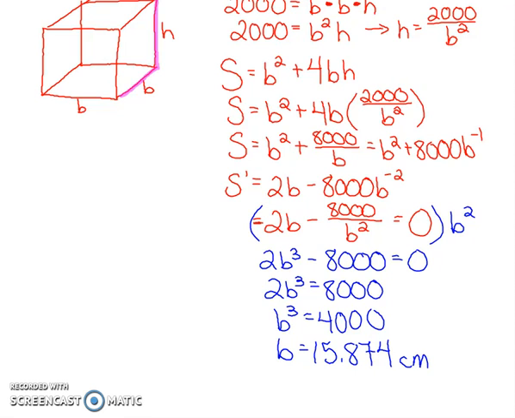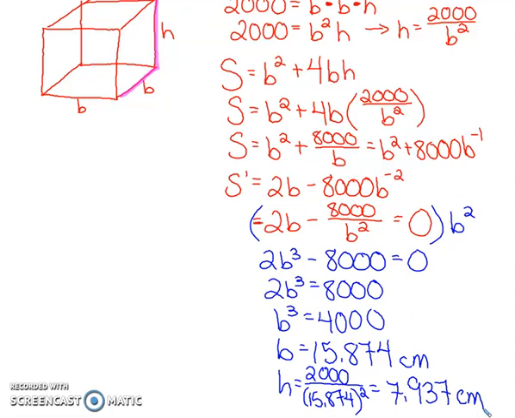They don't want to know how much material is being used, they just want to know the dimensions. Well, we've got the b. H, if you look up at the top of the screen there, is equal to 2,000 divided by b squared. So you would evaluate that in your calculator, and you would get 7.937 centimeters.